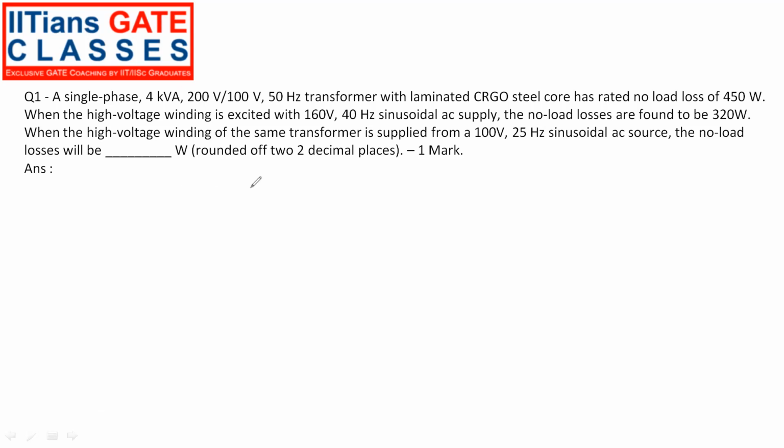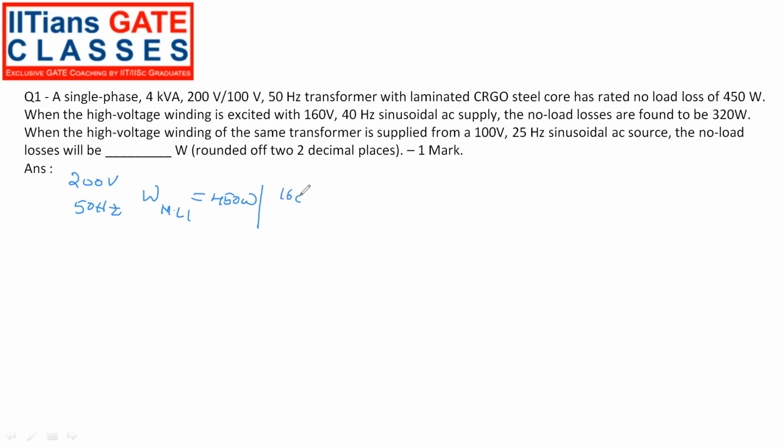First of all, what is given in the question? Initially at 200 volts and 50 Hz, they have given us the no load loss, let's say NL1 equal to 450 watts. What is the second case we have?